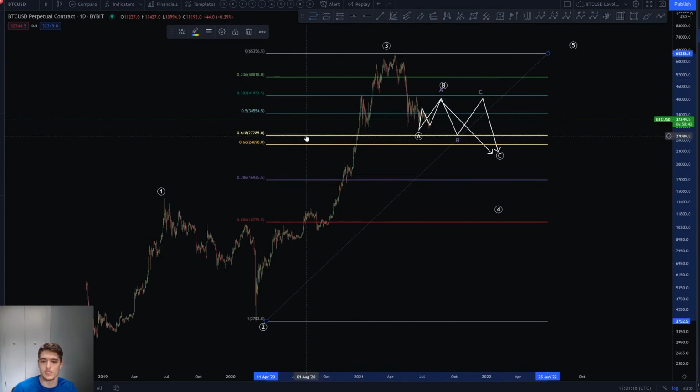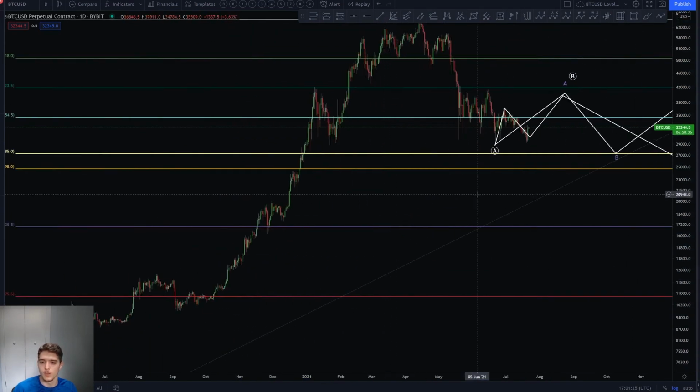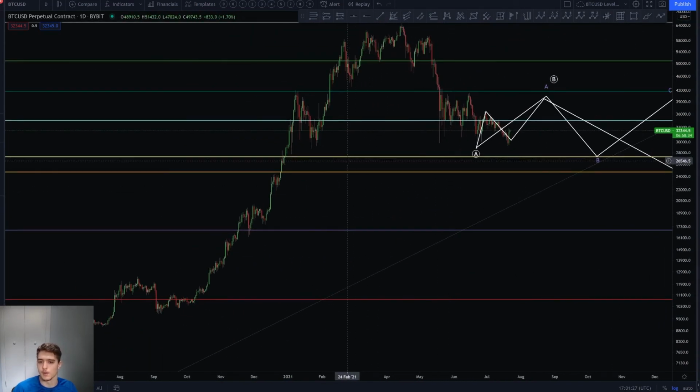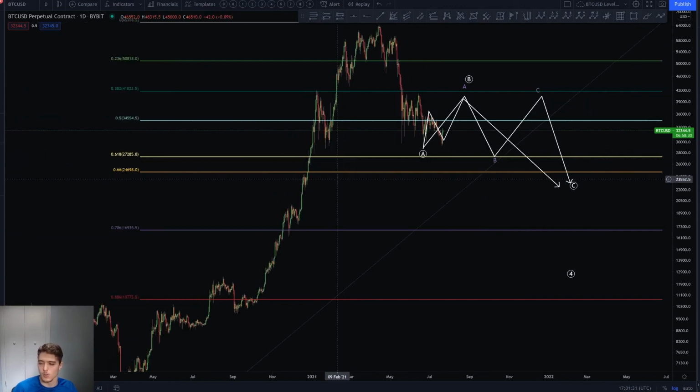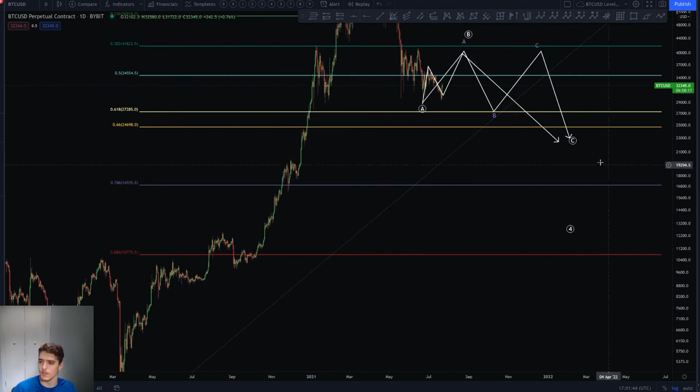So it's actually 27 to 24.7K-ish. So we could bottom out in this order block right here around 26.5K-ish. Also, I'm looking at this one, like I said, around 23, 24K. But if those don't hold this support, then I'm looking down here around 19, maybe 18 to 20K for wave C.